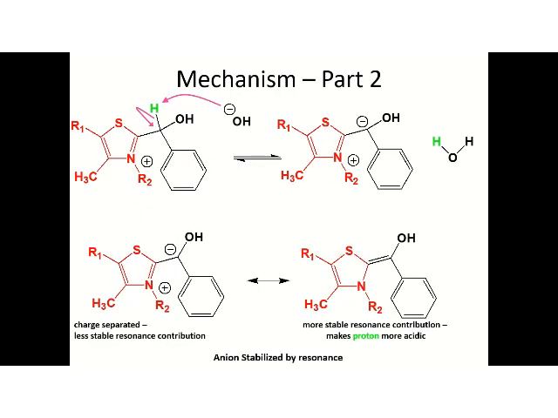Then another hydroxide is going to remove another proton from this skeleton, and we are going to generate again another ylide molecule, in this case with the negative charge on this carbon over here, and still the positive charge on the nitrogen.